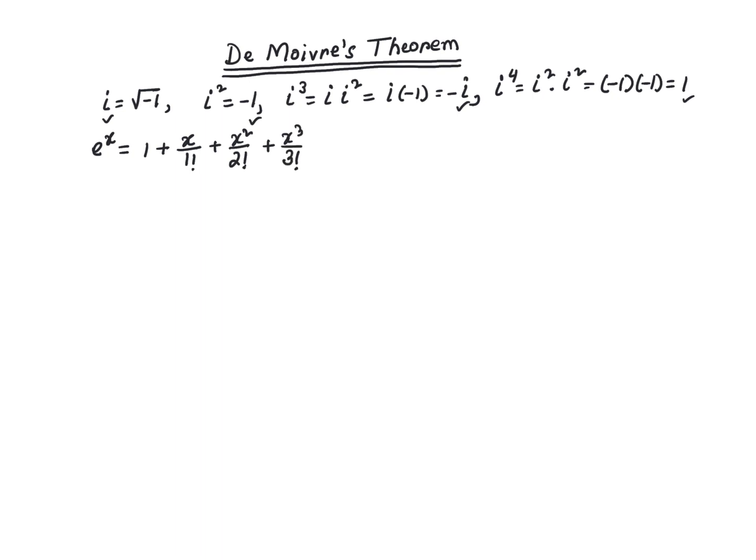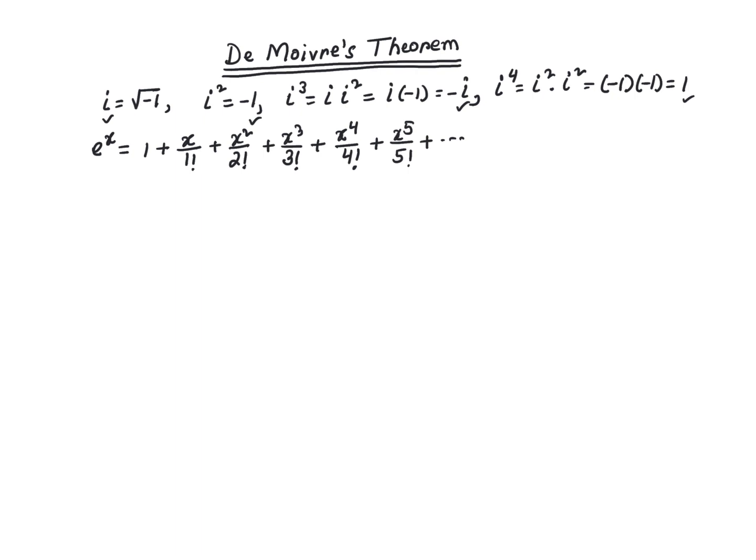I'm going to write out a few terms here for later convenience: x to the power 4 over 4 factorial plus x to the power 5 over 5 factorial plus and so on.